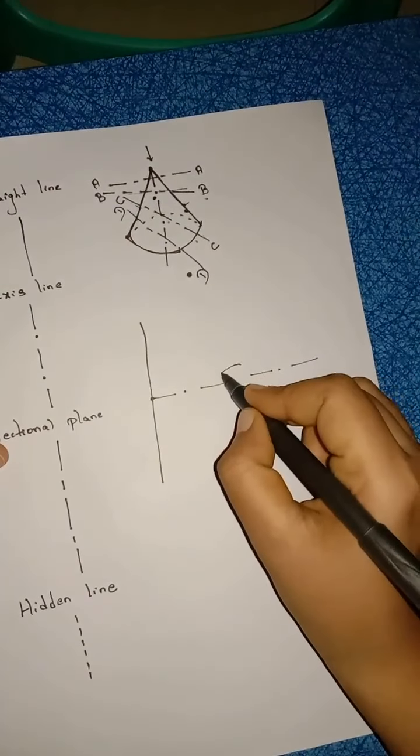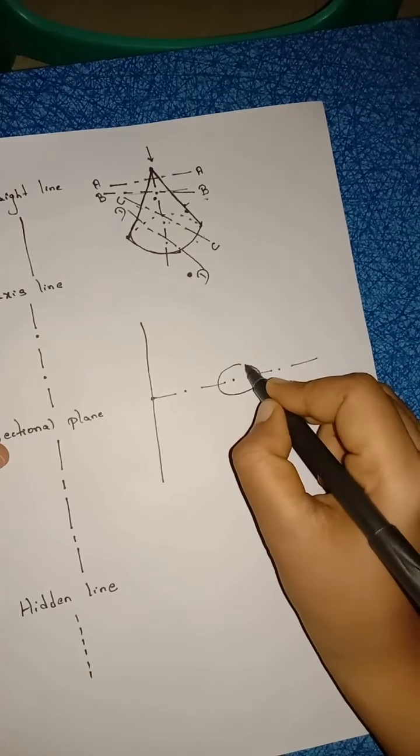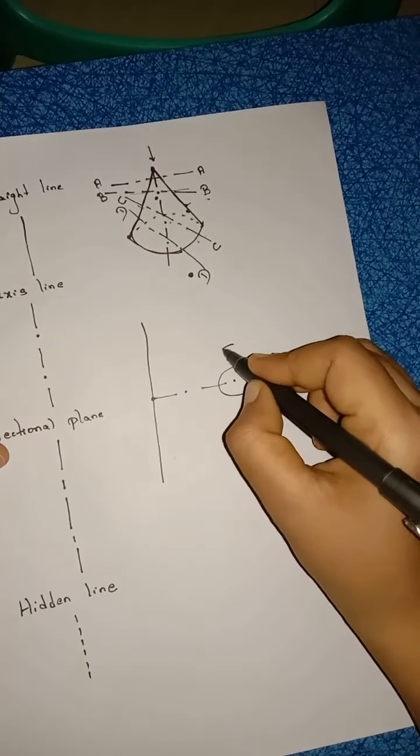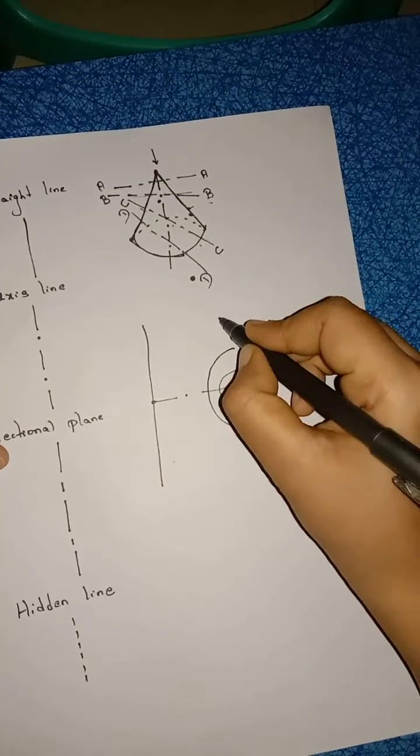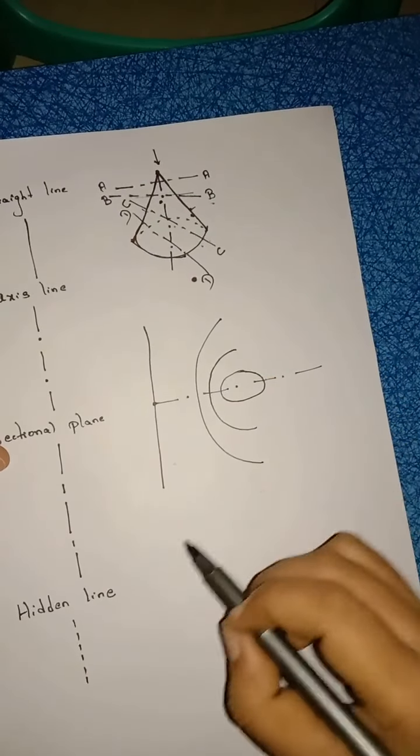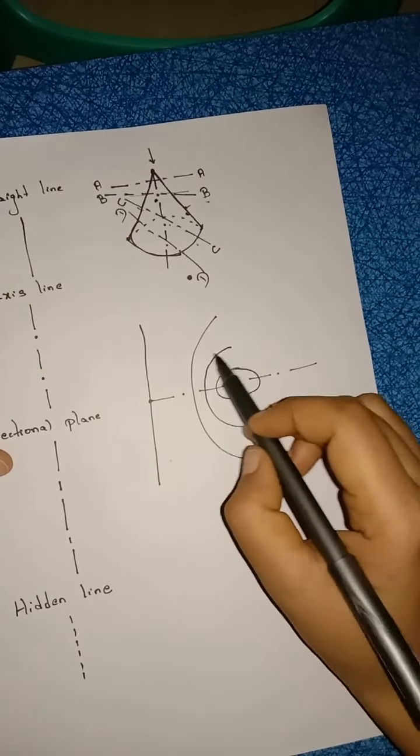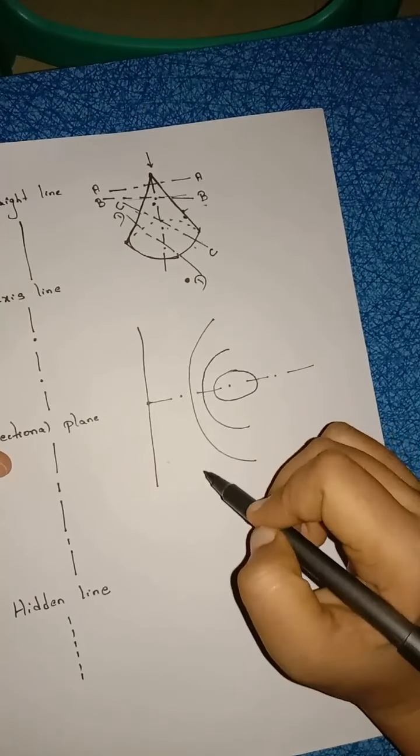So this will be the shape of the ellipse, oval shape. This will be the shape of the parabola, and this will be the shape of the hyperbola. Hyperbola has more width when compared to parabola.